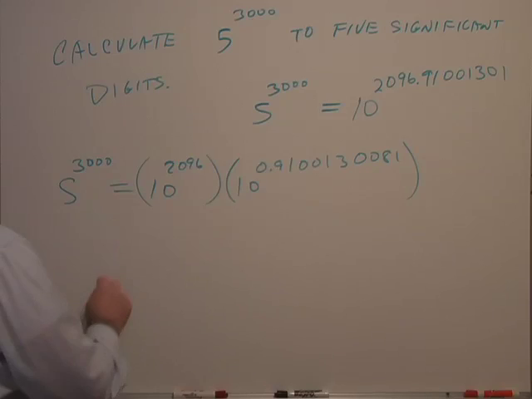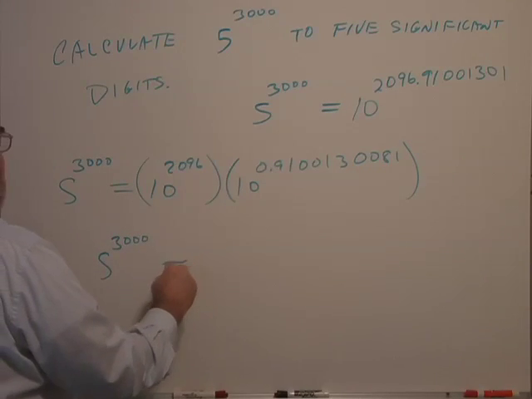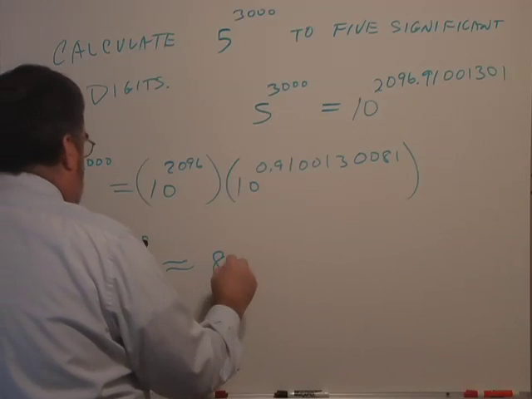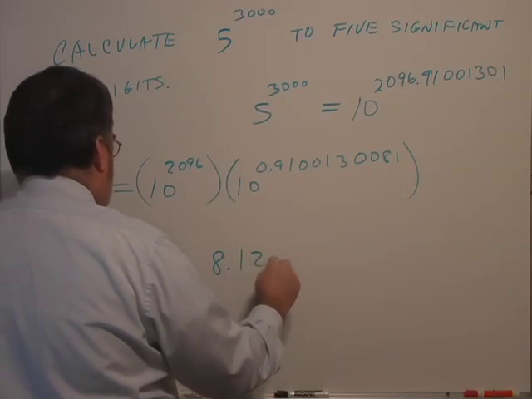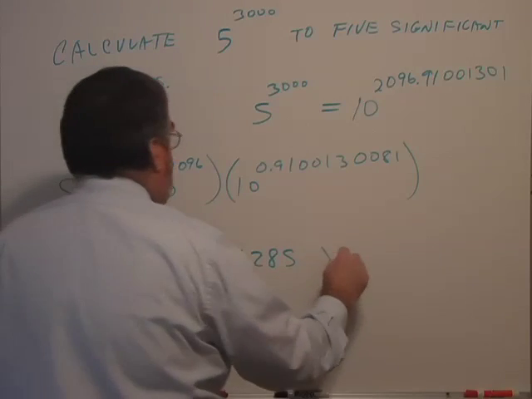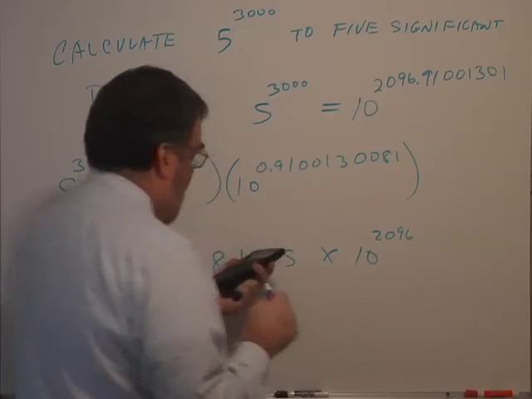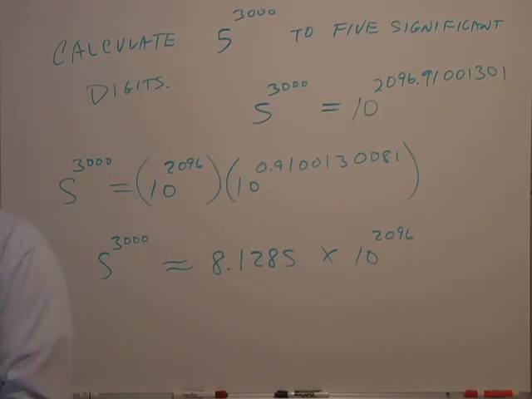So 5 to the 3,000 power is approximately 8.1285, and I'll cut it off there, times 10 to the 2,096 power. There we go.